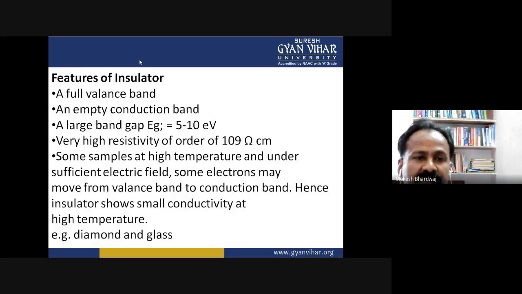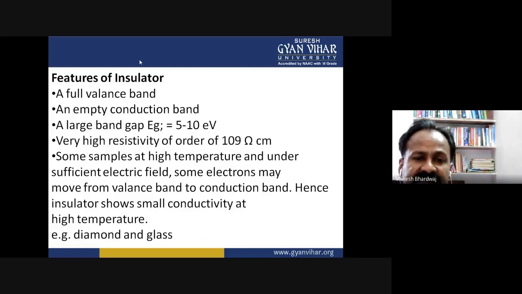Features of an insulator: a full valence band, an empty conduction band, and a band gap energy of 5 to 10 electron volts. So this much energy is required for moving an electron from the valence band to the conduction band to take part in conduction.